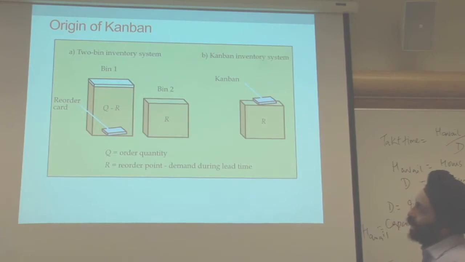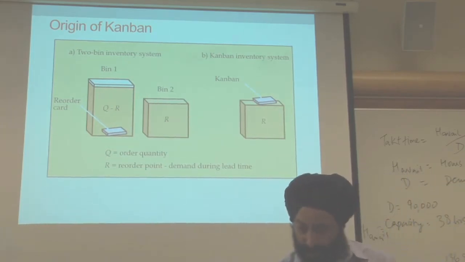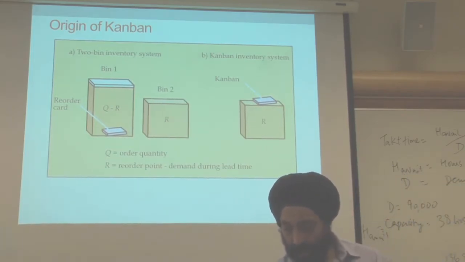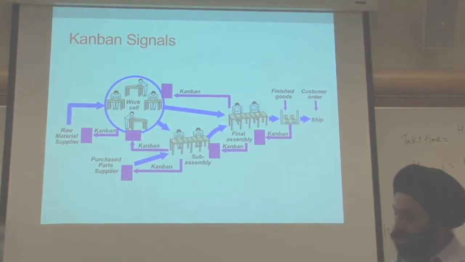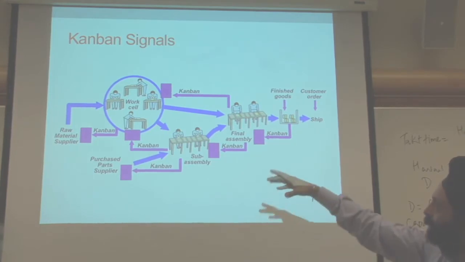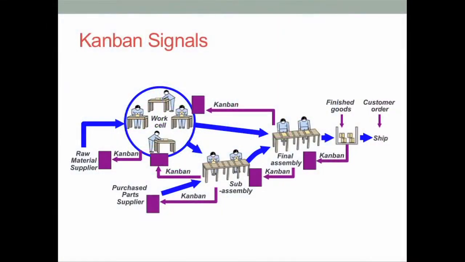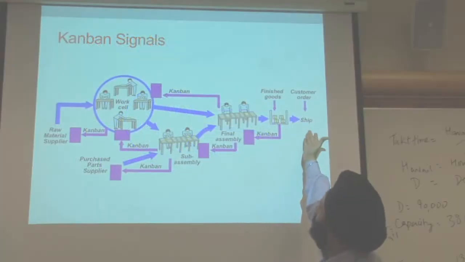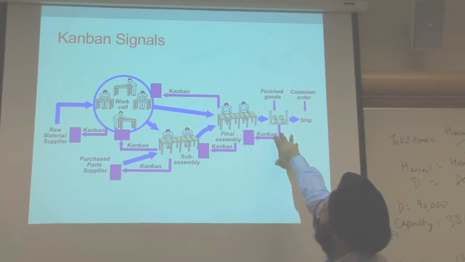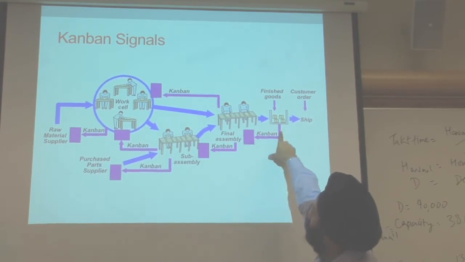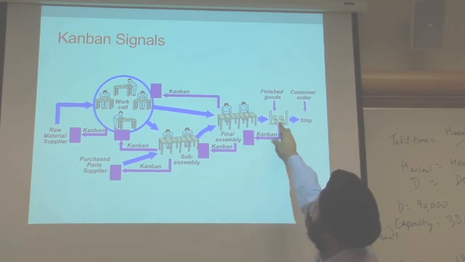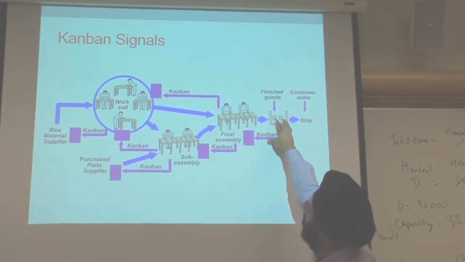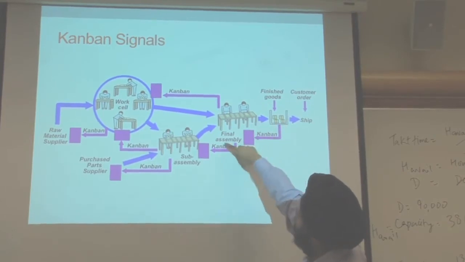So in this case, the signal is synchronized with what the customer wants. The Kanban signals, in this case, you can see exactly the customer orders dictating how much is going to be shipped. The finished goods are coming in here, and the Kanban is being released from the customer. If the customer picks up the product, that will reduce the inventory over here, which will trigger final assembly.